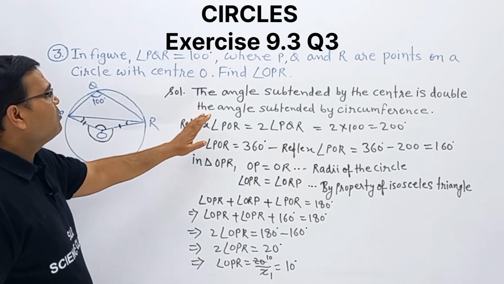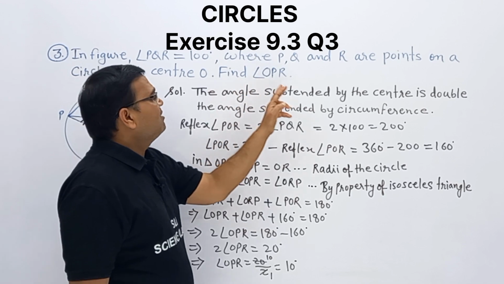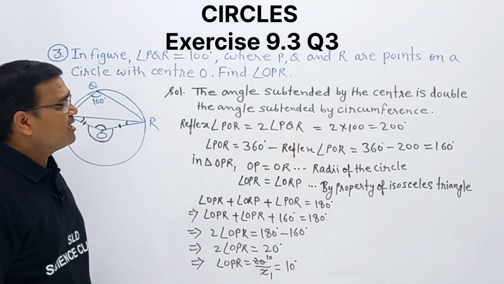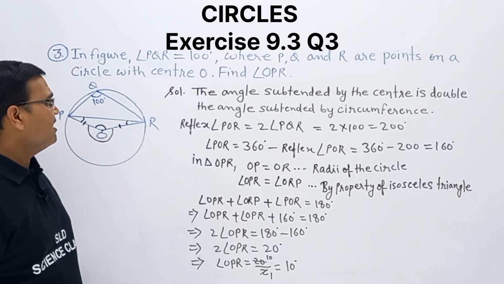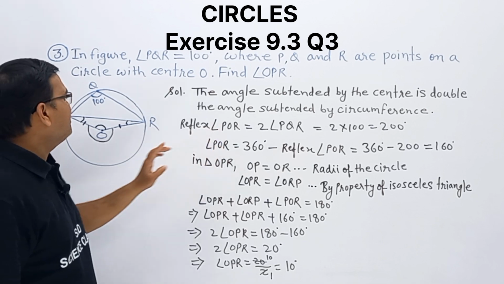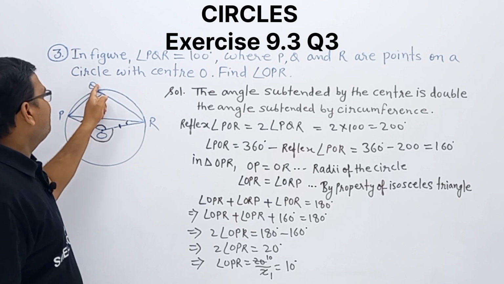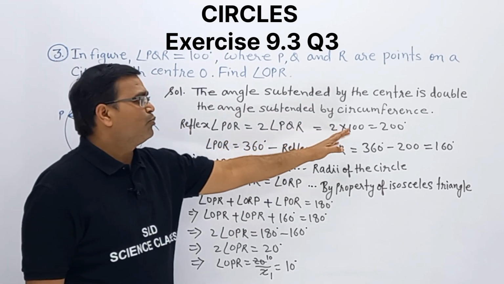Why? We have one theorem: the angle subtended by the center is double the angle subtended by the circumference. So reflex of angle POR is 2 times PQR. Put the values and solve.